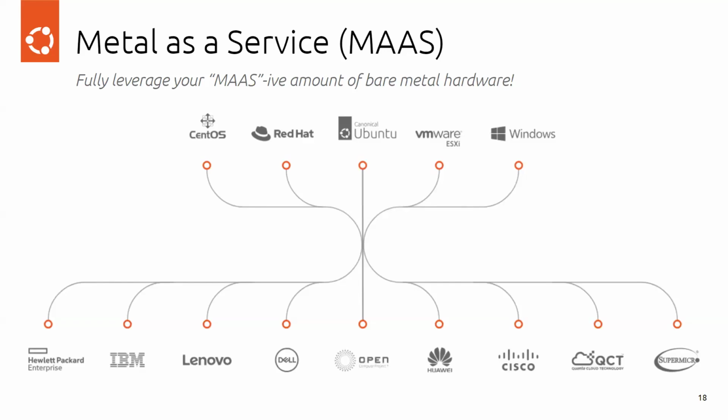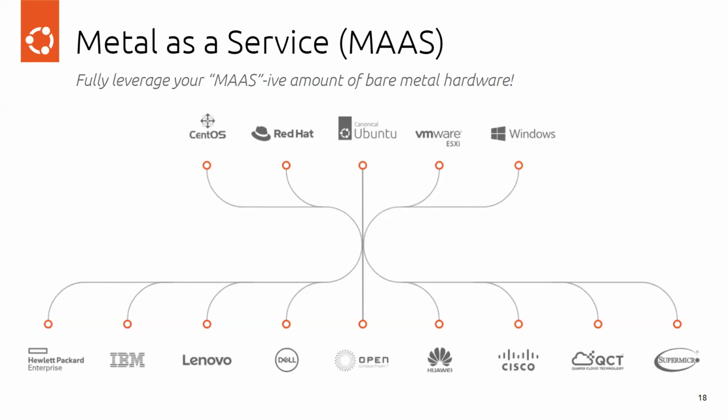Yes, yeah. I've got to prepare. So ideally, what you're seeing here is a very high level overview of how MAS works, where effectively you have different Linux distributions. So you have CentOS, Red Hat, Ubuntu, VMware ESXi, or Windows.